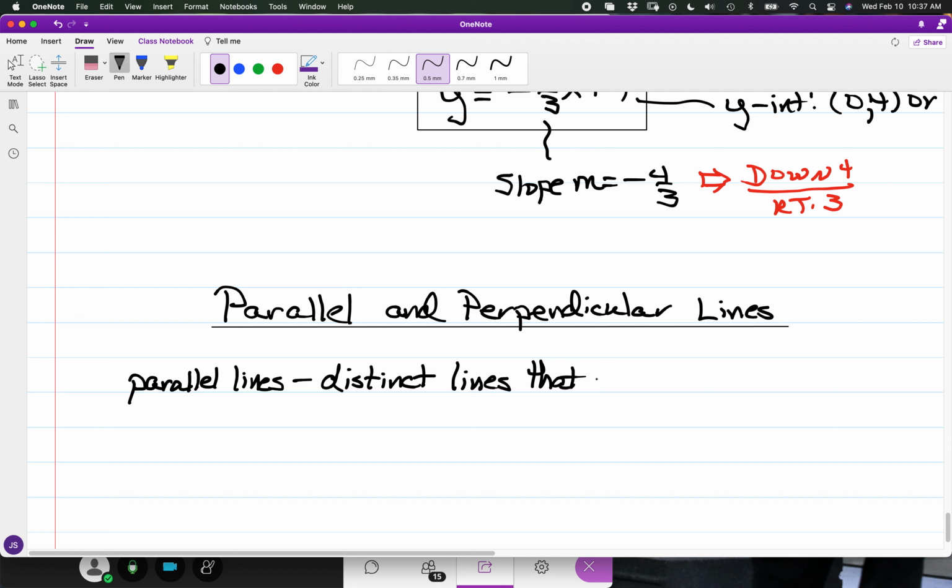They're going to have the exact same slope, and will thus never intersect.